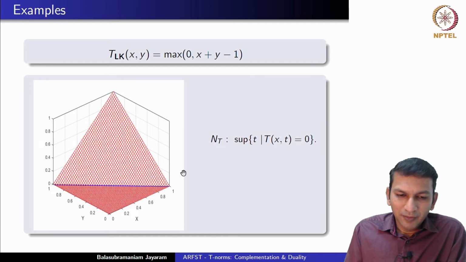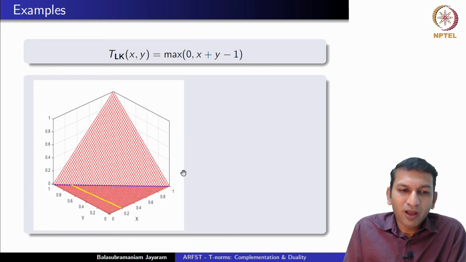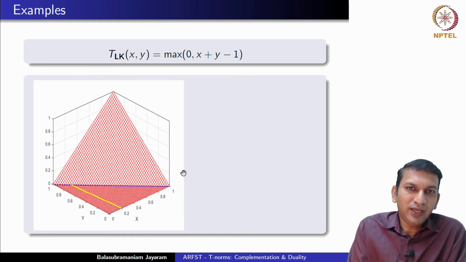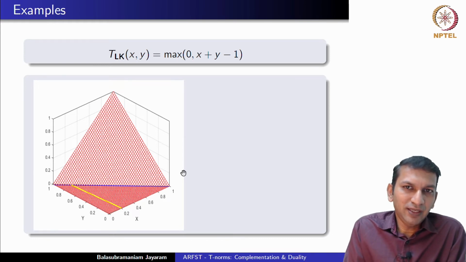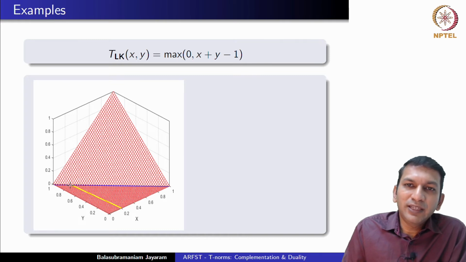But now let's pick one element. Let's say 0.2. All we are seeing is, what if A is 0.2, what are all those T such that T_LK of 0.2, T is 0. That means we are looking at all those points on this yellow line. Because for every T on this yellow line, T of 0.2, T is 0. So the supremum, essentially it says how far can you walk? We can walk only till the edge of this 0 region.